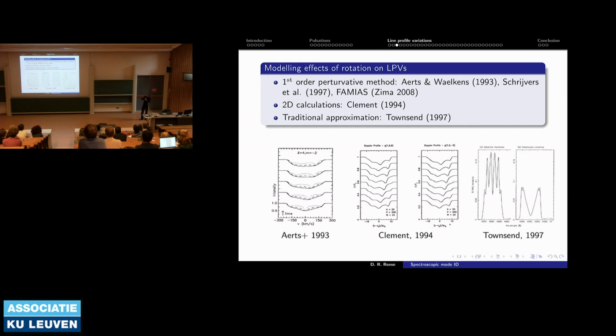So it does take into account some of the modifications caused by rotation on the actual eigenfunctions, and that's important. Then you have full 2D calculations, and then you also have calculations based on the traditional approximation. These are how you model the eigenfunctions before plugging them into a program which will calculate synthetic line profile variations. The plots here show examples from all 3 methods. Okay. I'm going to focus on the second method in what follows.